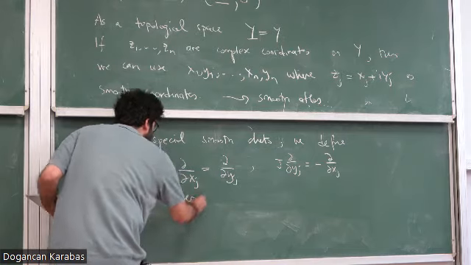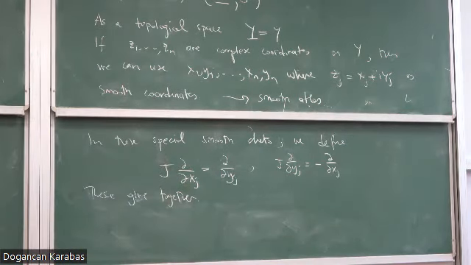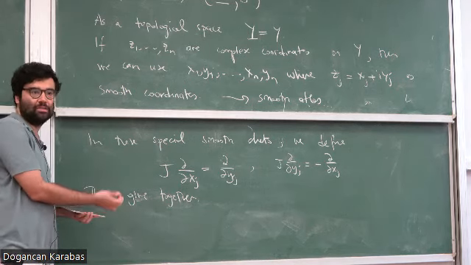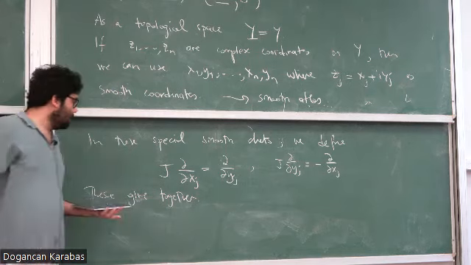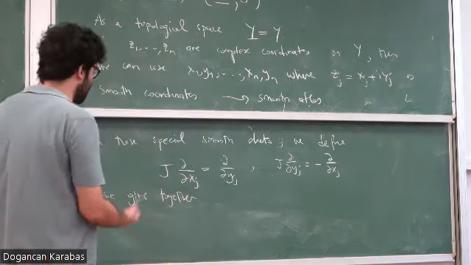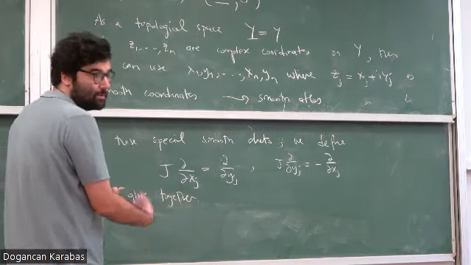So I define something on each special chart, but you can check that by virtue of being holomorphic, so satisfying the Cauchy-Riemann equations, these things actually glue together, and you get this operator to match on the overlaps.